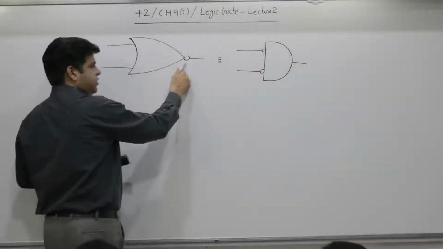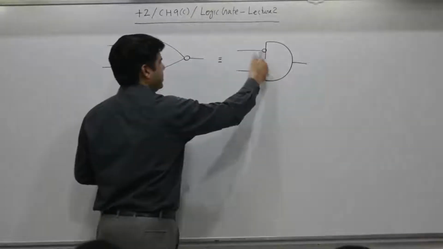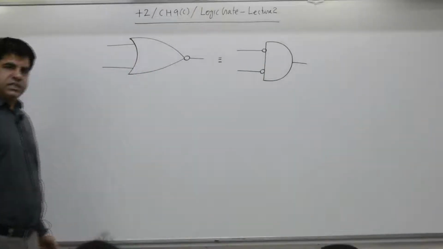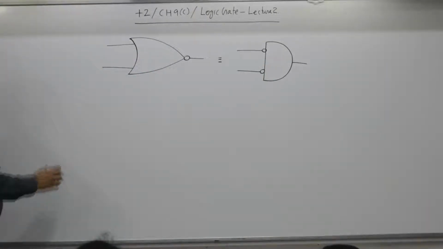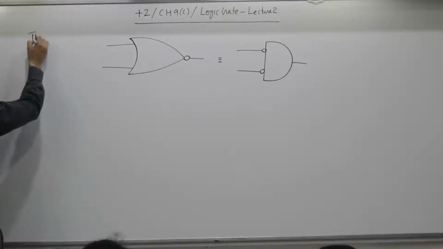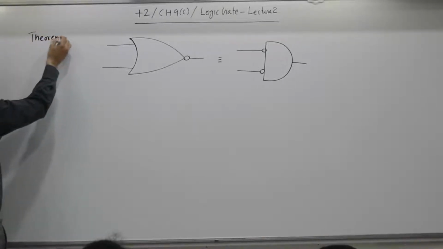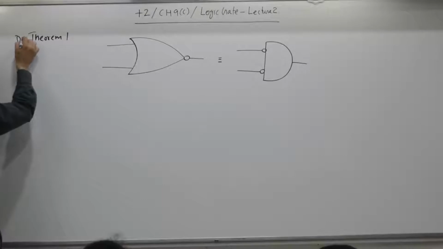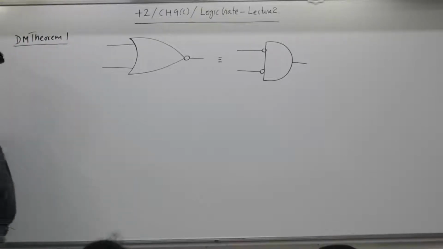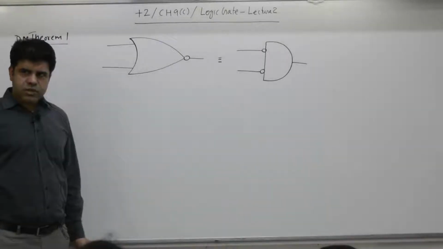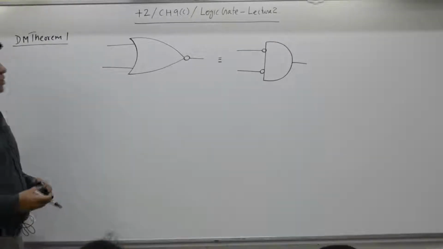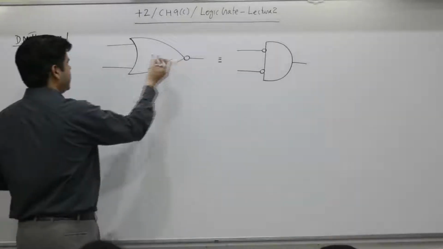An OR gate with a 0 in front is equal to an AND gate with 2 zeros at the back. We want to check whether it is correct or not. This is De Morgan's theorem. We need not remember the name. This is De Morgan's theorem 1. Need not, but in competition you get questions, that is why I need to know it.